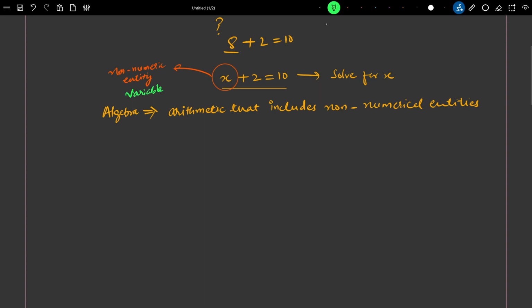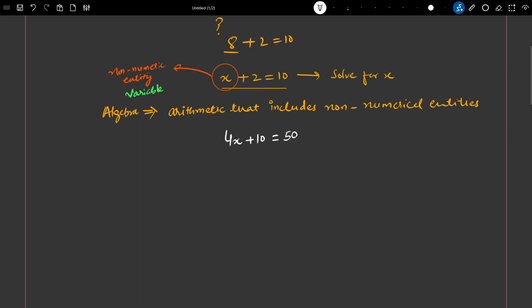So let's see one example. Let's say I have a linear expression which is like this. Now, to solve for x, we try to balance them and take things from here to there. Obviously the sign changes, positive becomes negative and negative becomes positive.